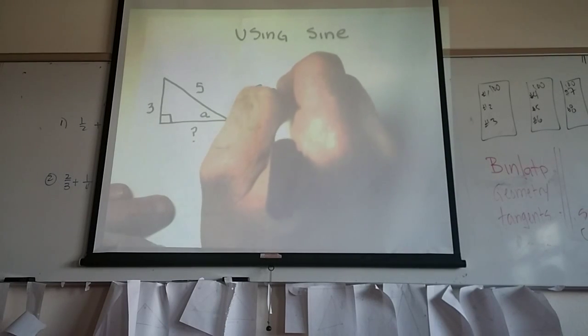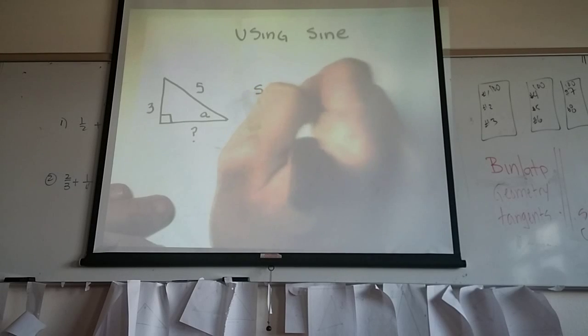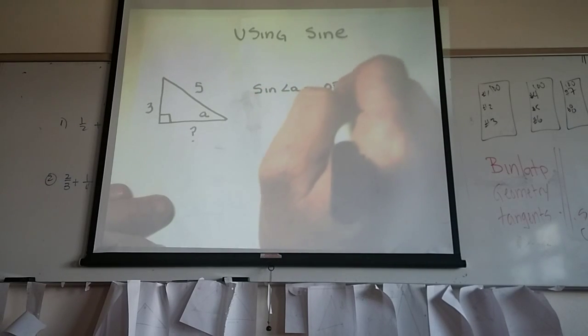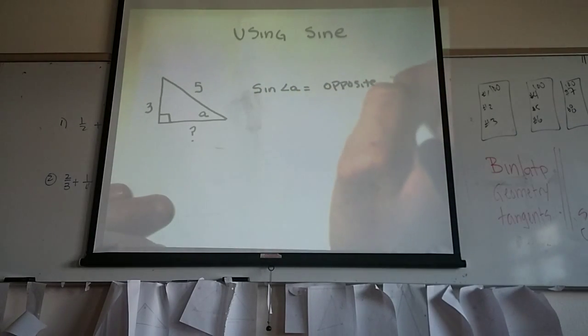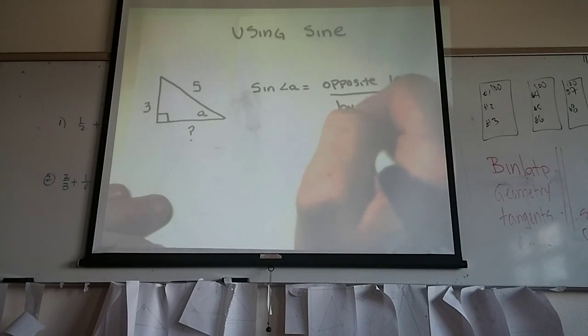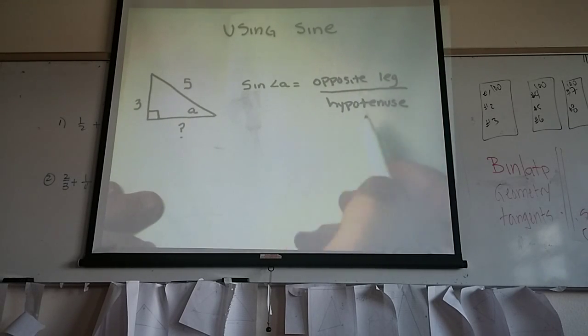It's sine of angle A is the opposite leg over the hypotenuse. So I use this when I am given the opposite leg and the hypotenuse.